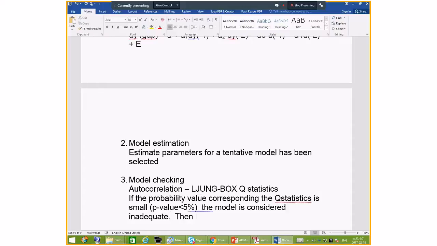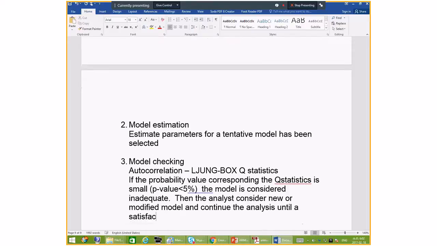Then the analyst considers a new or modified model and continues the analysis until a satisfactory model has been determined.